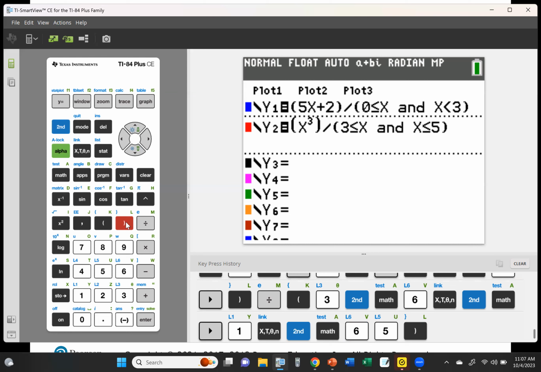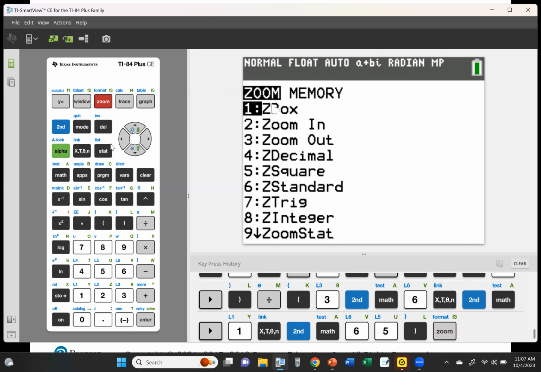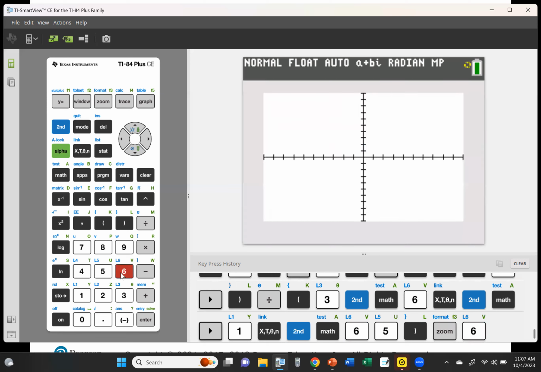Okay, and I have no idea what my window looks like. I don't know the last time I graphed. I'm just going to do a zoom standard just to reset my window to that standard window. And I'm missing part here because that second graph, the x to the third, is so far up there. I need to adjust my window.